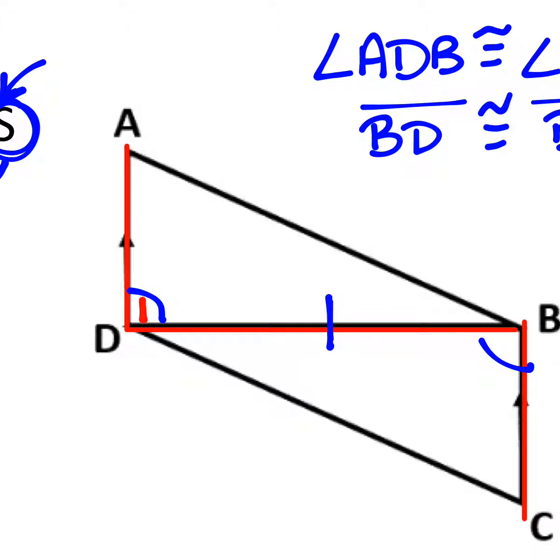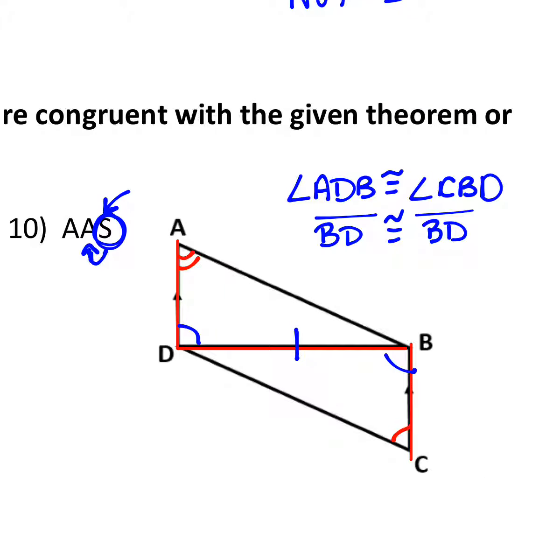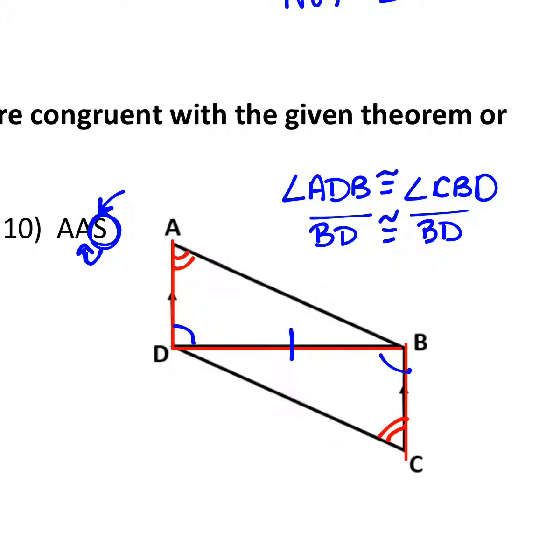So this is one, this is the second. Since we've already utilized one of my angles that touches, that means my next congruent angle needs to be away from my congruent side. So that gives us angle A and angle C.